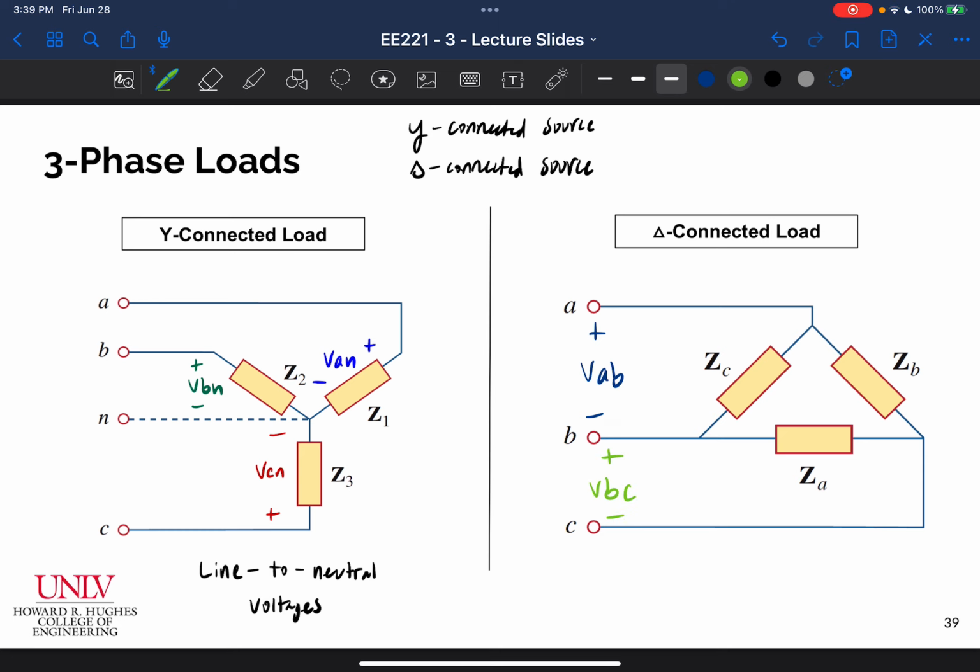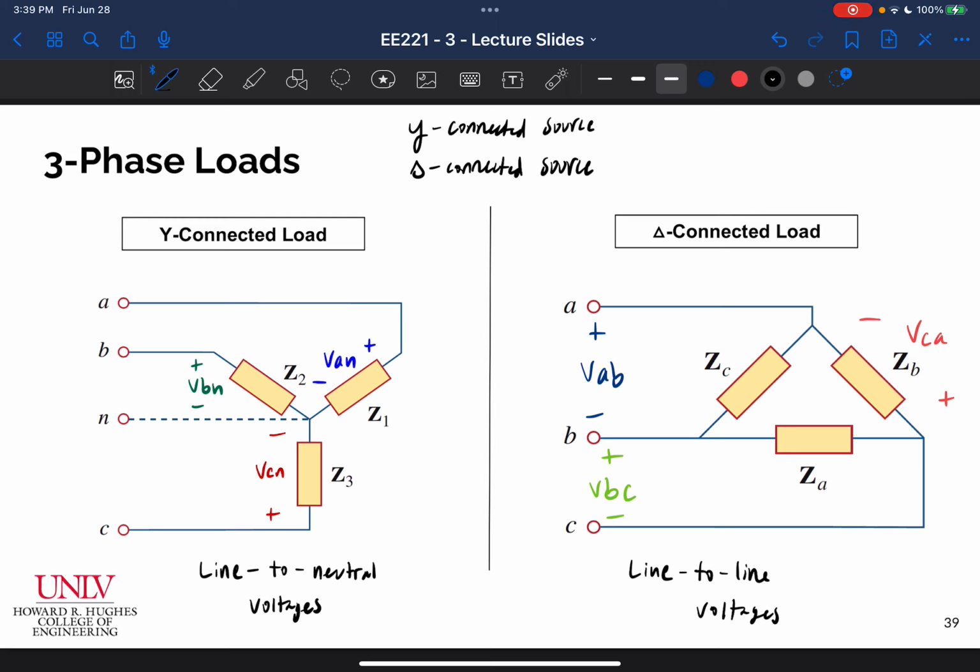And then the final one, I have VCA across it. So we can see that the delta connected load has line to line voltages across the loads, and the Y connected load has line to neutral voltages across it.